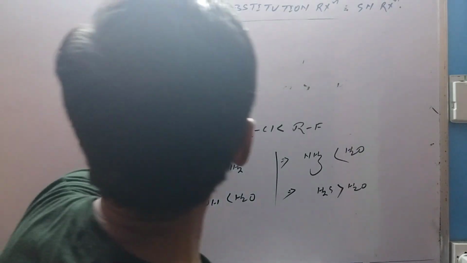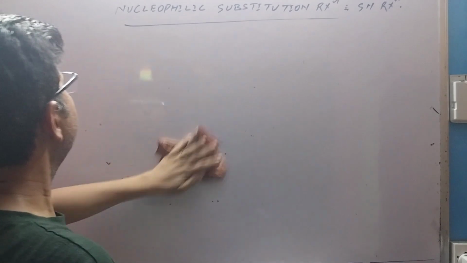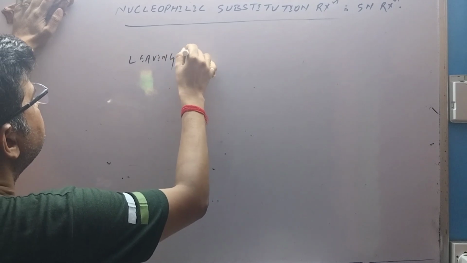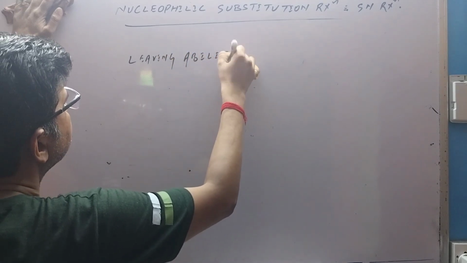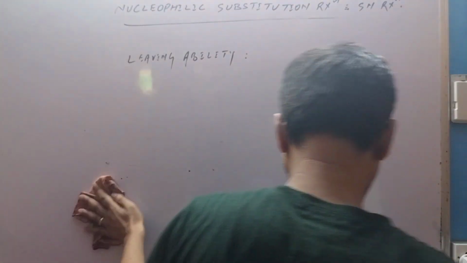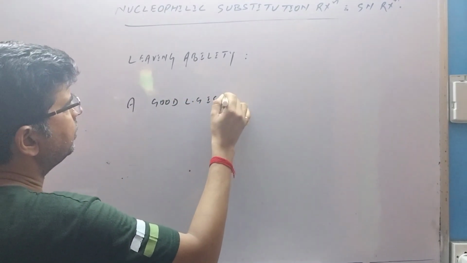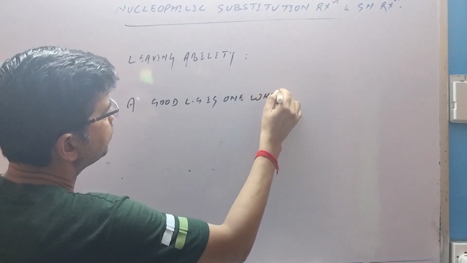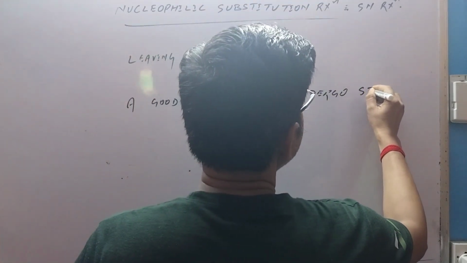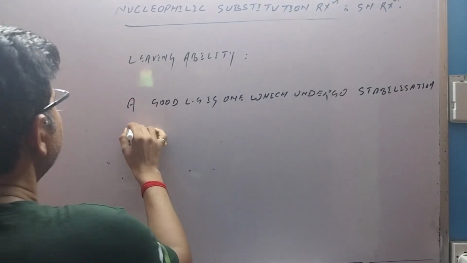Now, if we consider a large number of anions, in that case, leaving ability should be considered as: a good leaving group is one which undergoes stabilization after the departure.